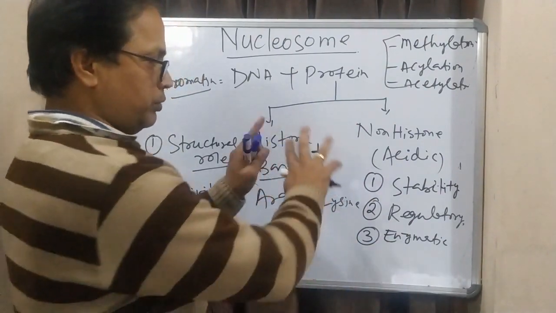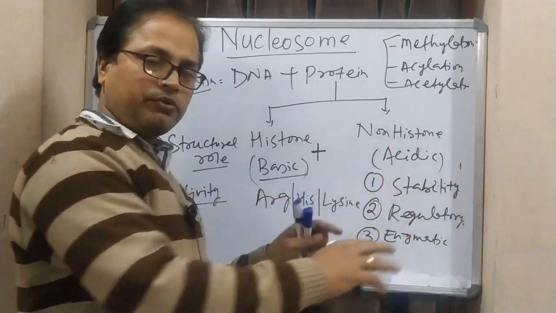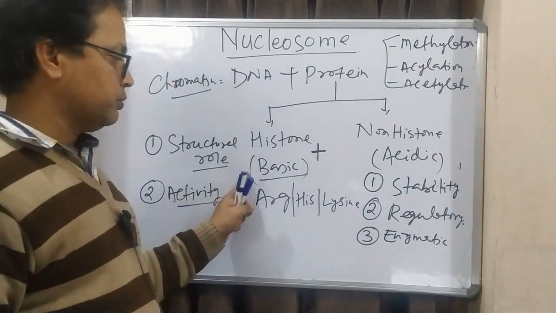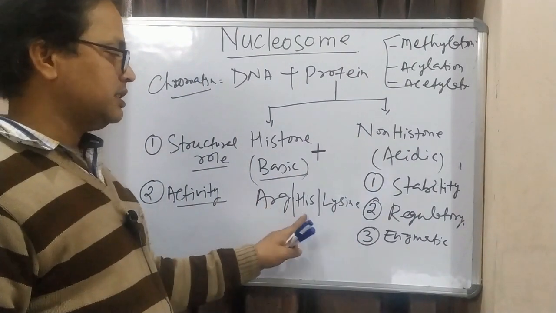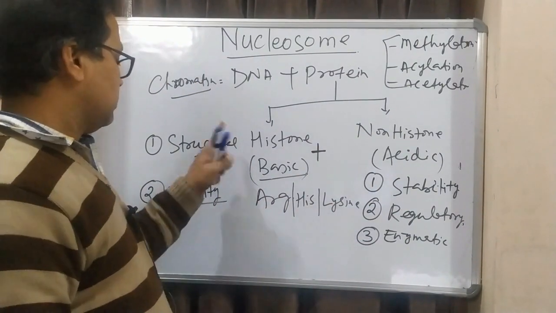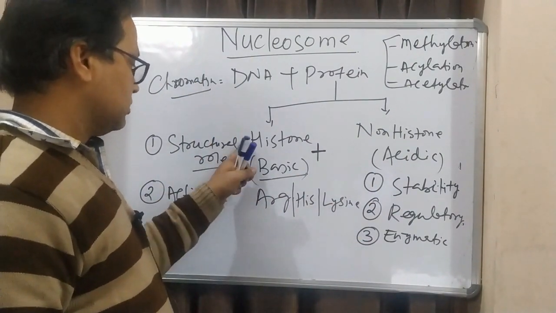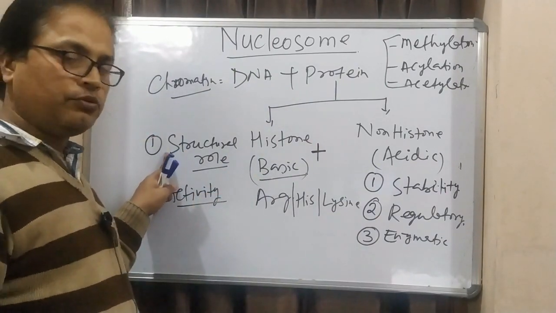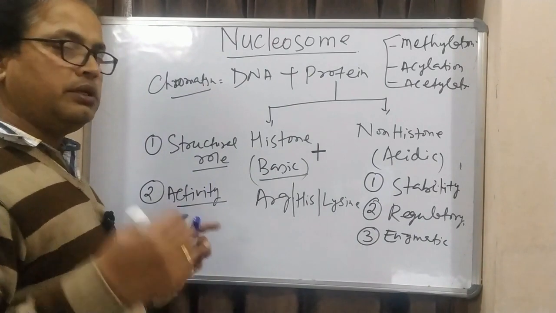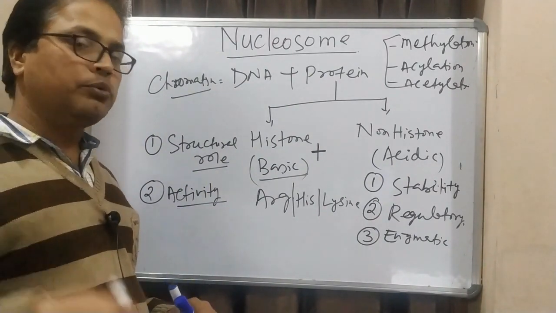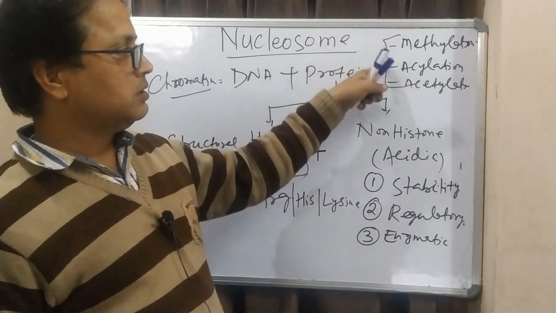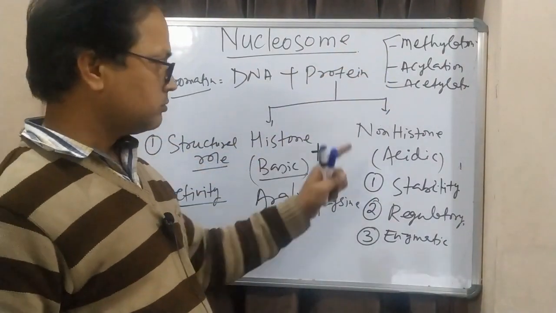So two broad classes of proteins bind with the DNA: histones and non-histones. Histones are basic proteins which normally have arginine, histidine and lysine. Histone protein has two important functions. First is the structural role to form nucleosome, and second is deciding whether DNA is to be active or not, which is decided by the modification of histones by these three chemical reactions.